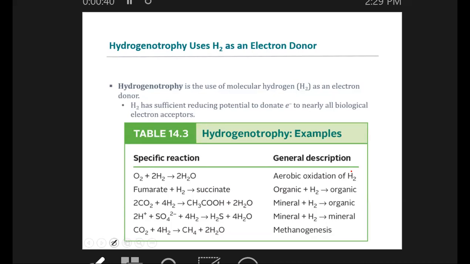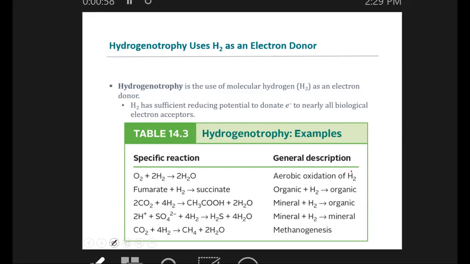Do you remember what kind of metabolic process has hydrogen gas as a favorite product to make in order to play the game? Do you remember? Fermentation. Yep, fermentation.